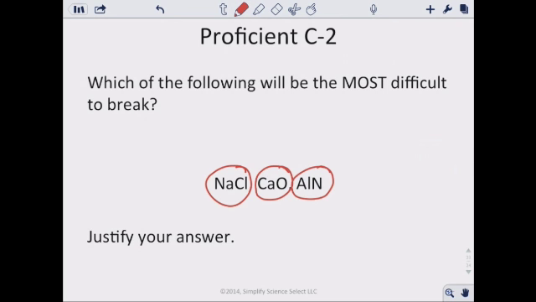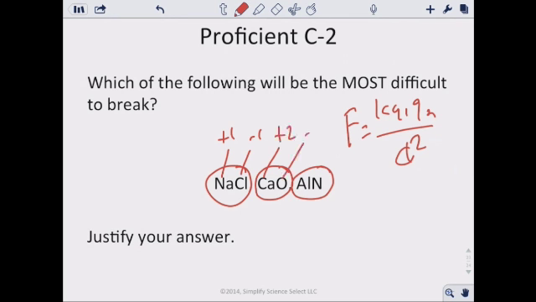And so when looking at these, we have to look at Coulomb's law. So Coulomb's law is force equals k Q1 Q2 all over d squared. And essentially all these guys are essentially the same except for what? Their charge. So sodium is going to be +1, chlorine is going to be -1, calcium is going to be +2, oxygen is -2, and then aluminum will be +3, and nitrogen will be -3.